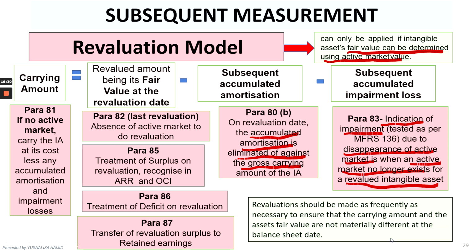So revaluation should be made frequently, at least once a year as necessary, to ensure that the carrying amount and fair value are not materially different. If they are materially different, maybe there is an impairment that needs to be charged as at the reporting date.